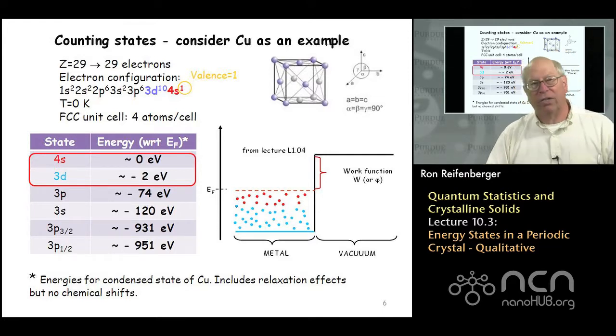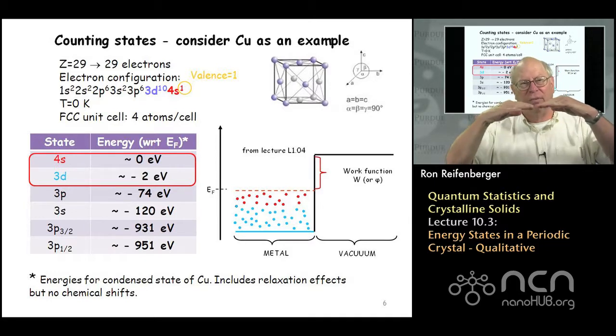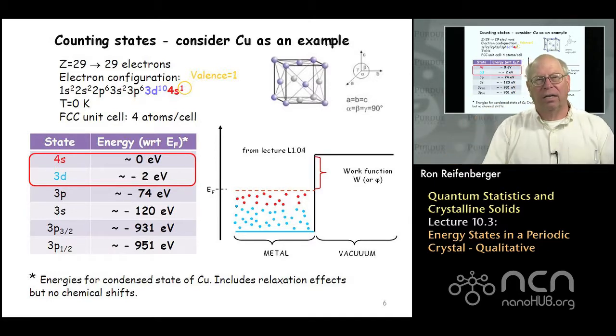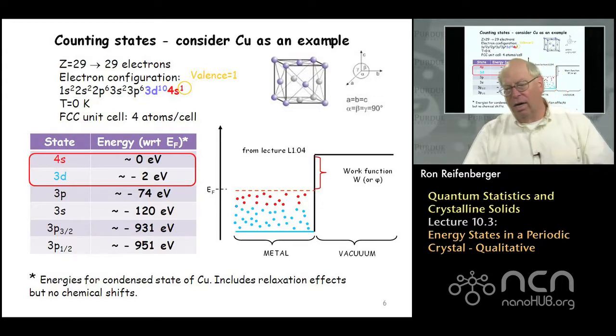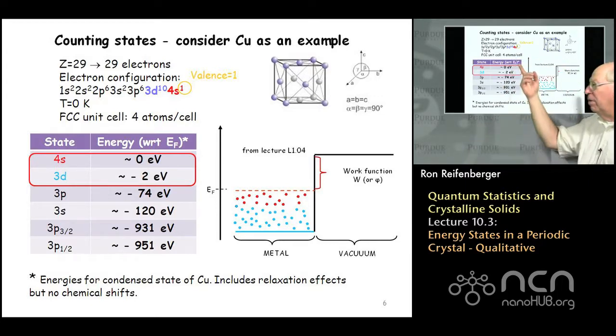The Fermi energy of copper just specifies the most energetic state that an electron in copper can have at 0 degrees Kelvin. The two uppermost states, the 3d and the 4s electrons, are separated by about 2 electron volts in energy.